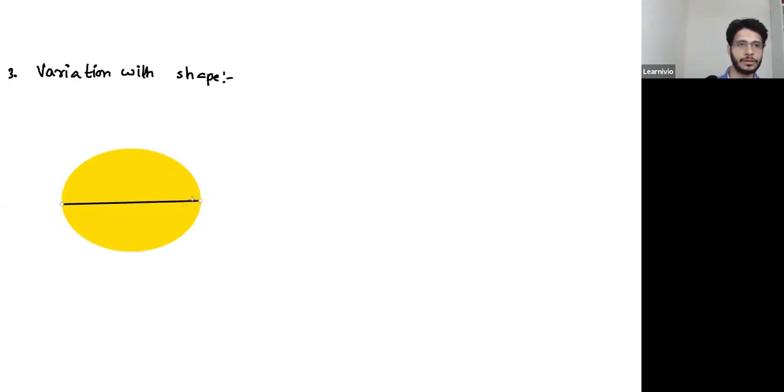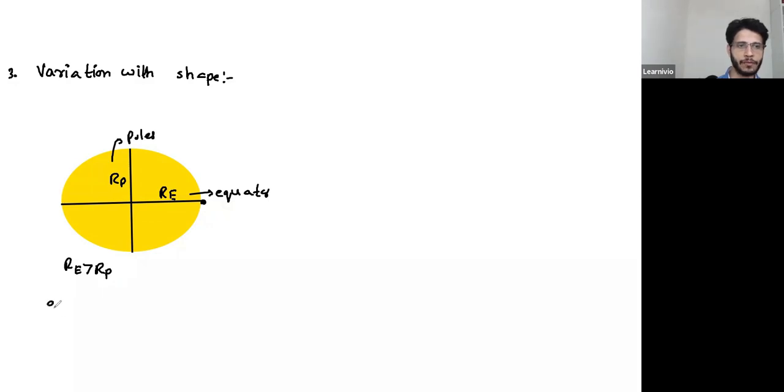This is equator and this is polar. It's very clear from this ellipsoidal diagram that this is equatorial radius and this is the polar radius. That equatorial radius is quite greater than polar radius.